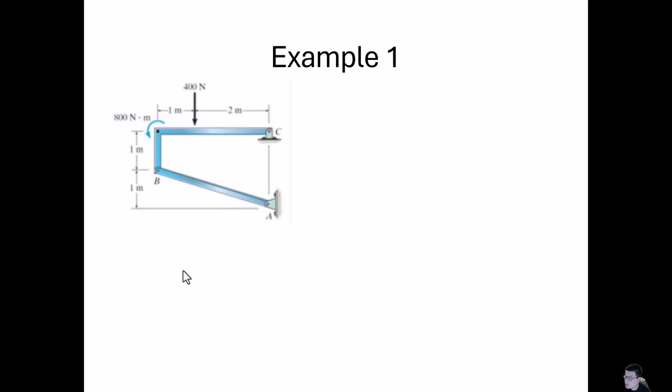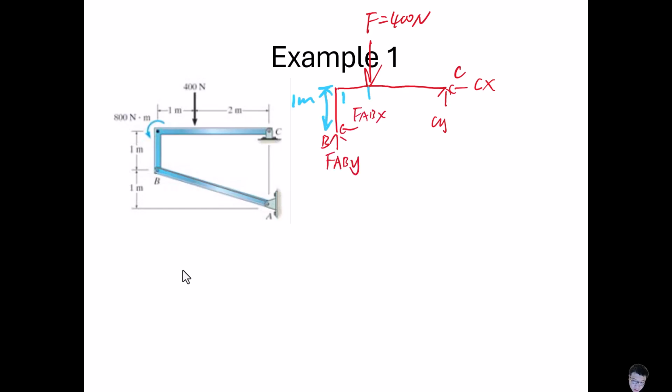And then, okay, we can apply our 3 equations. We have B, we have C, we have force 400, we have CY, we have CX, FABX, FABY. This is 1 meter, 1 meter, and a 2 meter.